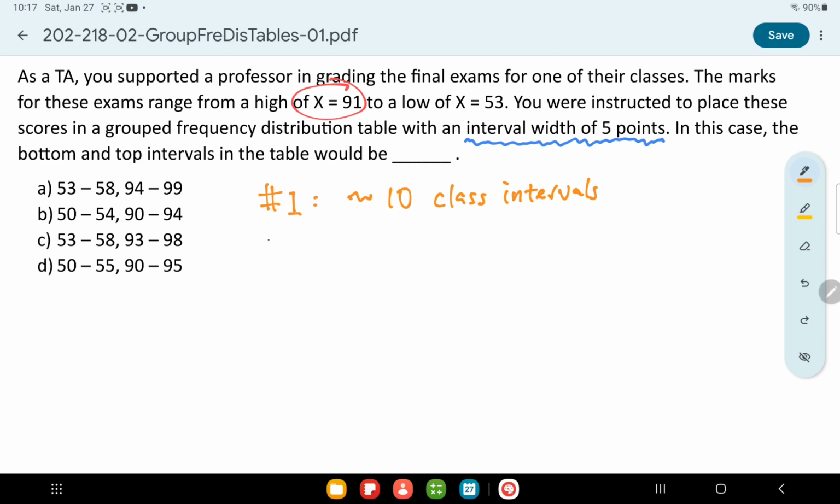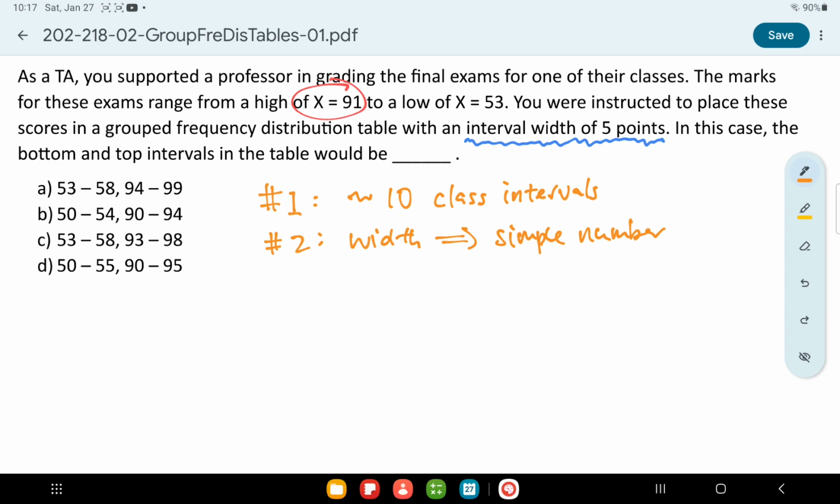Let's move on. Consider also the second guideline, and that is that the width should be a relatively simple number. By simple, we're referring to the kinds of numbers that when we eyeball the number, we have a quick sense of the layout.